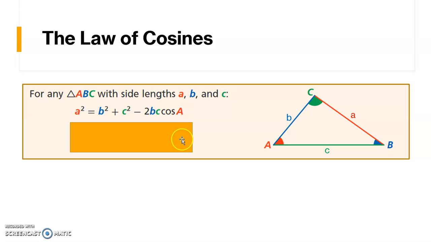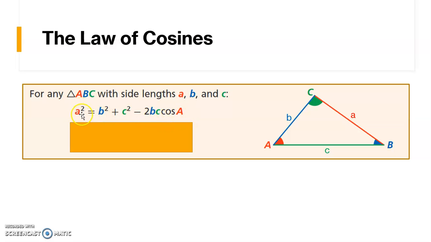We're just going to focus on that first one. Now remember, angle A is across from side A, angle B is across from side B, and angle C is across from side C. So if I want to know either side A or angle A, then I'm going to use this version of the formula.